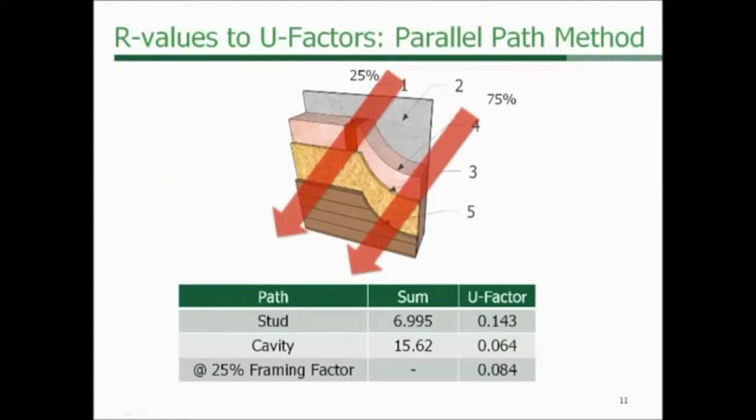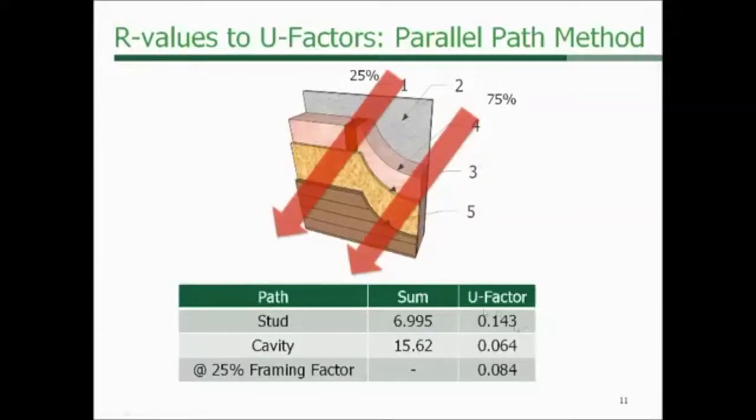Okay, so going back to our example, we have the U factors for going through the stud path, and we have U factors going through the cavity path. And for the framing factor, we're just going to assume it's 25%, 16 inches on center, normal headers. So we say, look, 25% is going through the studs, 75% is going through the cavity.